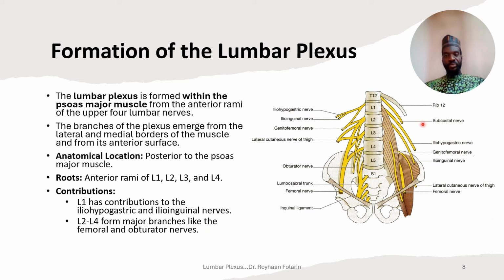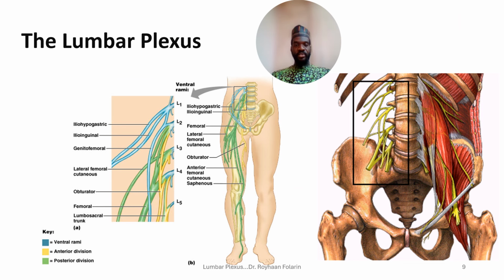And to give an overview further, you will appreciate the subcostal nerve being the T12 here. But the L1 is giving rise to the iliohypogastric and then the ilioinguinal nerve. And you can see the genitofemoral nerve arising from the L1 and L2. Then you see the lateral cutaneous nerve receiving contribution from a mix of these other nerves, as we'll highlight shortly.